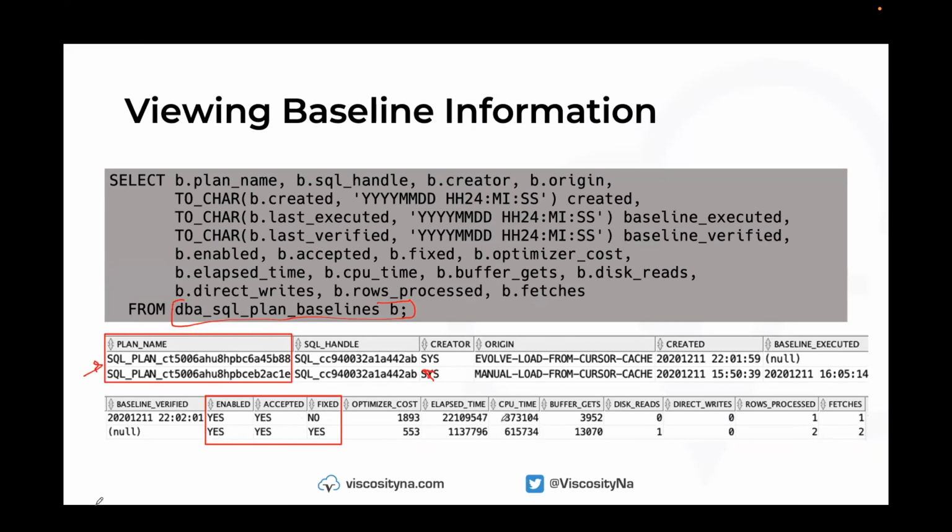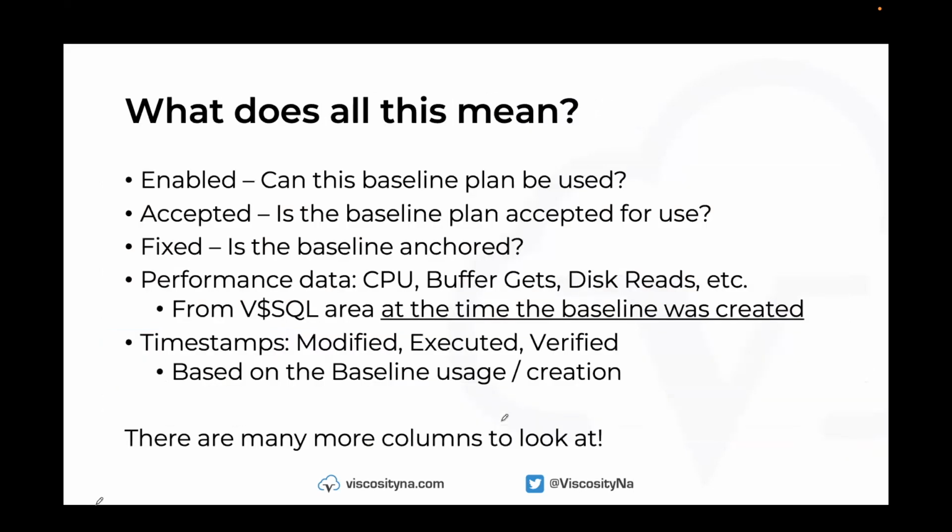So let's talk about what's in that view. Enabled: can this baseline be used? I'll say enabled is the human switch. If you have the baseline and you want to manually disable it, but keep it in the system, you can change that enabled switch. Accepted is more of the is-it-tested switch. Do I know this baseline is good? Do I know the SQL statement runs well?